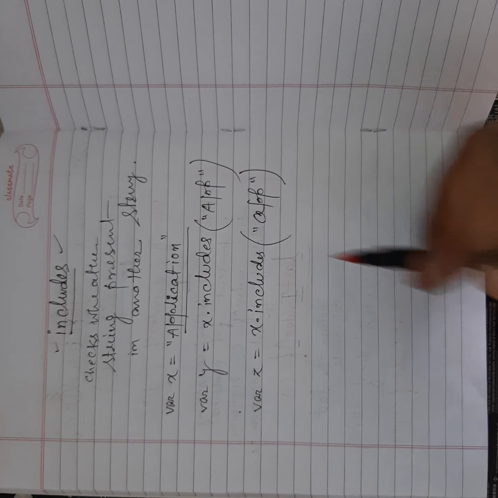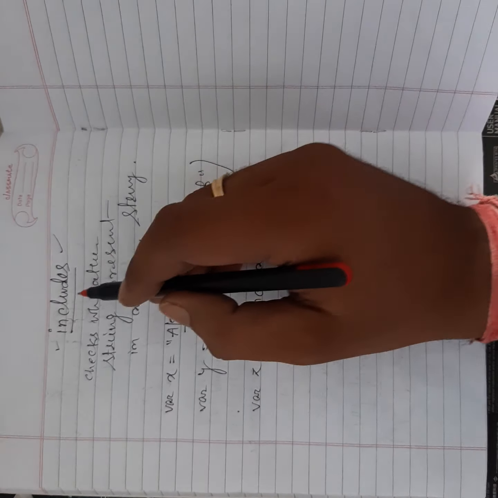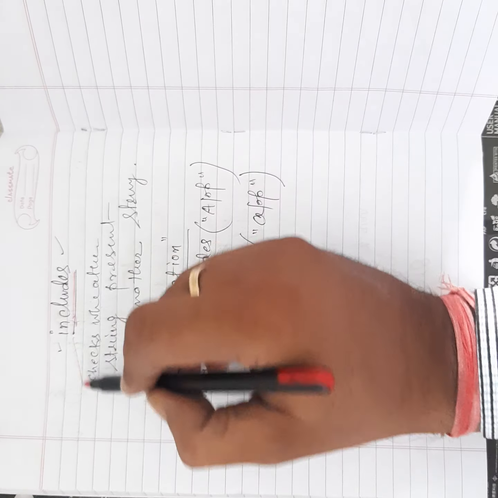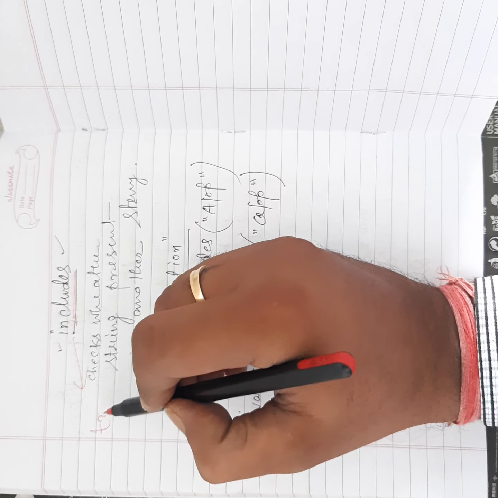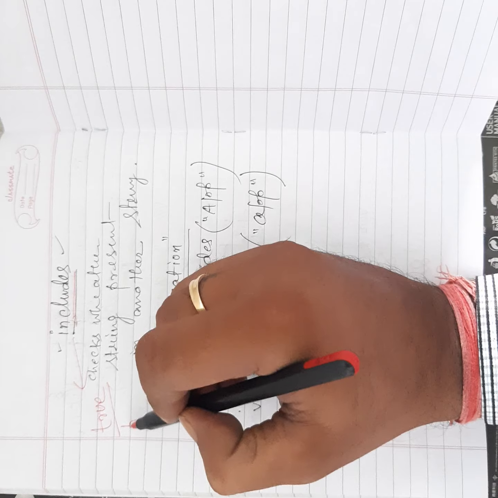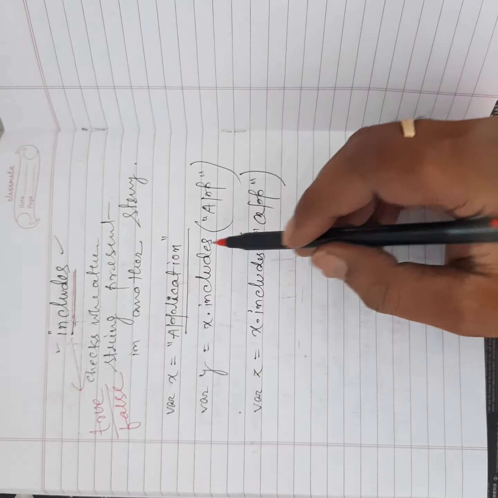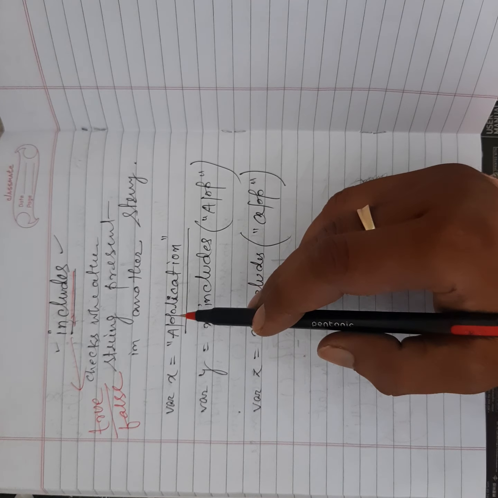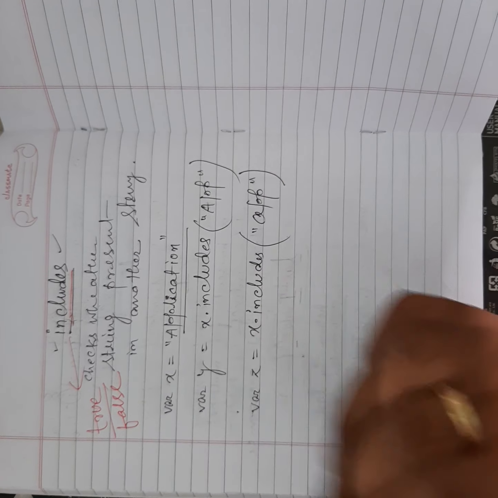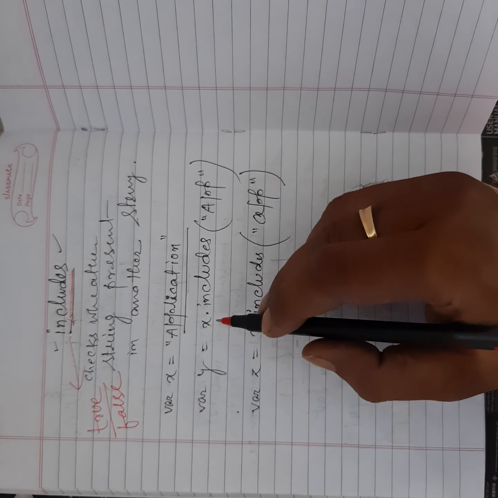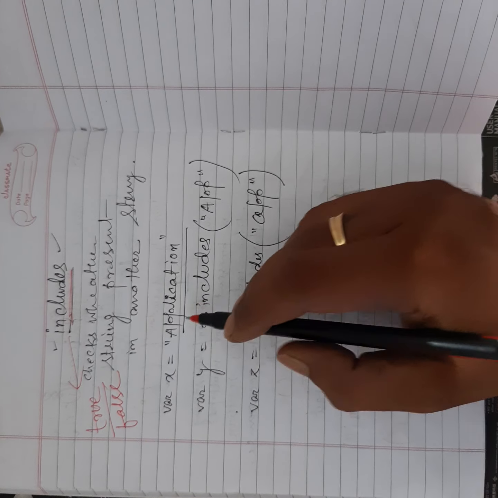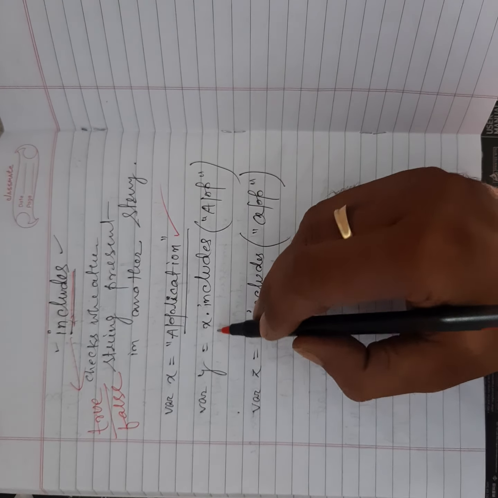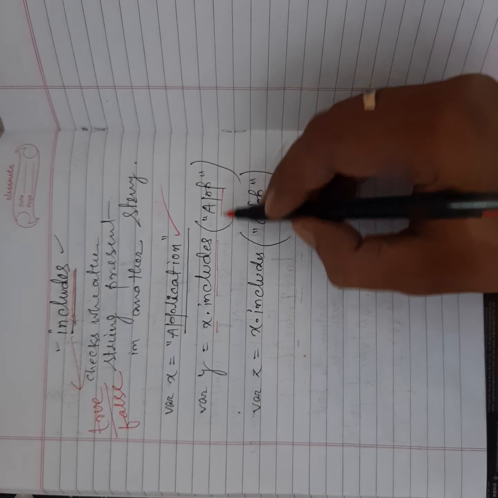The first point that we have to remember: the includes method returns the value in boolean, that is either true or false. Means if any string is part of that string, it will return true, otherwise it will return false. Here I have written, this is my main string Application, x.includes("App").